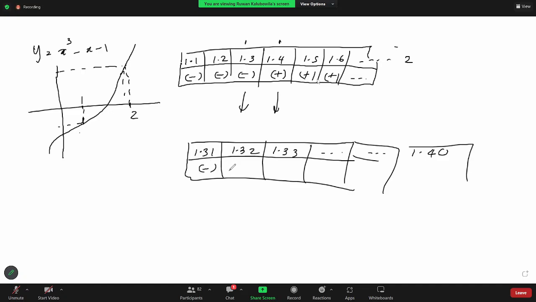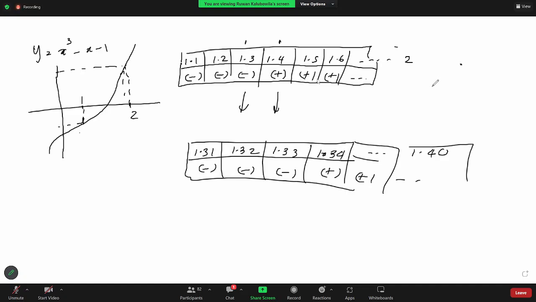This might be negative, this negative, this negative. At 1.34 I don't know whether it is negative or positive; let's say positive. If you are considering two decimal places for the root, then you can say 1.33 or 1.34 is the root.